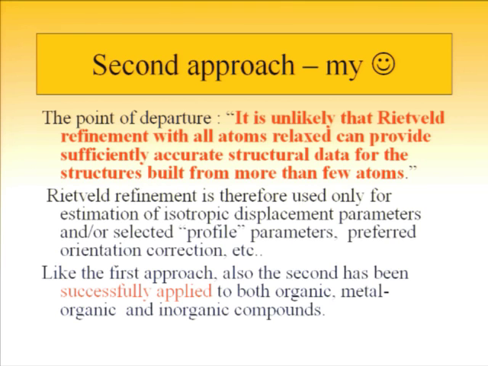I should stress at this point that like the first approach, the second has also been successfully applied to organic, metal-organic, and inorganic compounds. In principle, this is all up to your choice. I prefer the second. There are probably a good deal of people here who would prefer the first. Okay, it's definitely up to you.